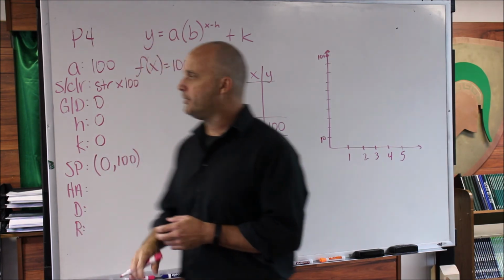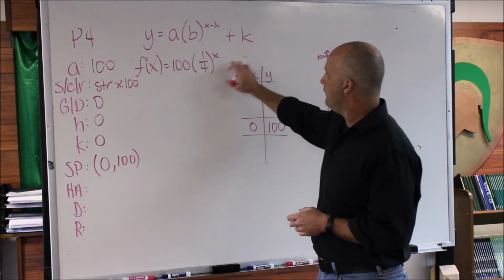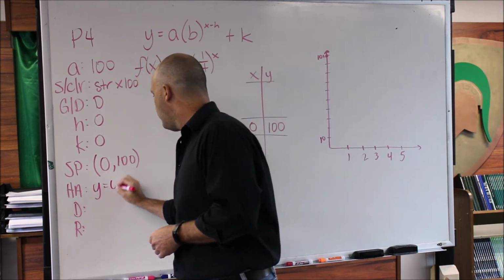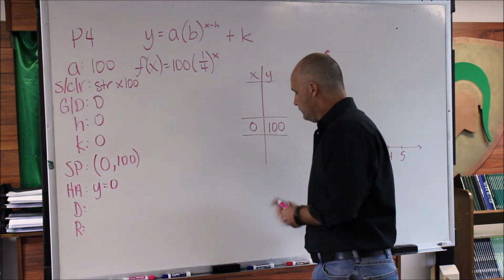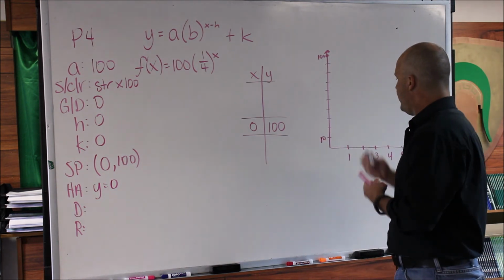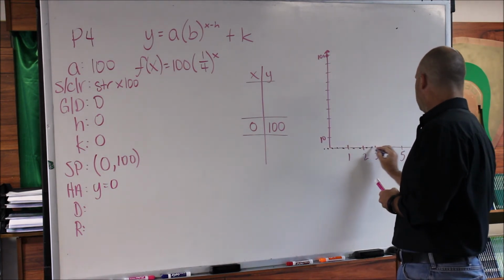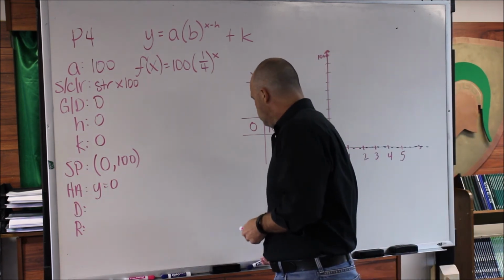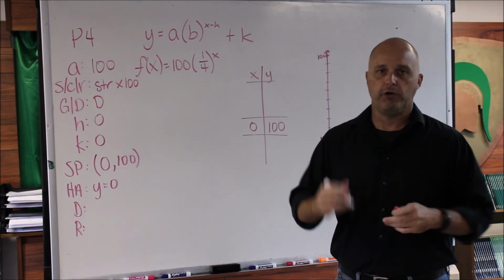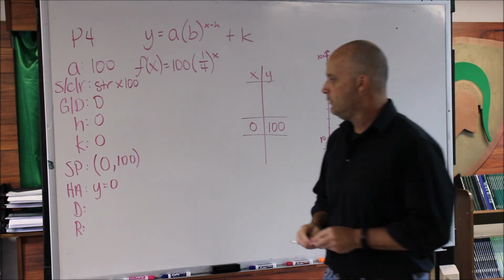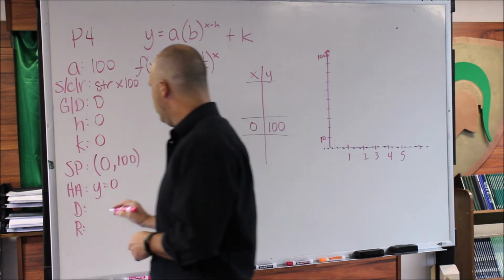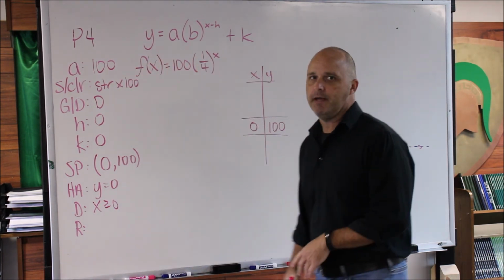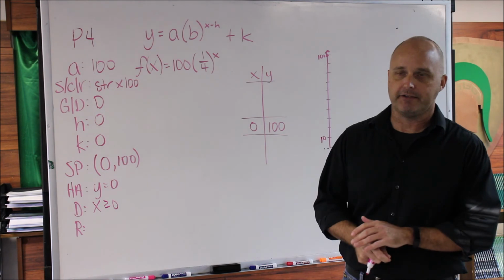The horizontal asymptote, again, we're going to look at our k value. The k value is 0, so that means that our horizontal asymptote is at y equals 0. So I'm going to go ahead and put that in on this graph here as well. The domain, we're going to artificially restrict the domain to x is greater than or equal to 0, because for the problem in the book, it doesn't really make any sense to have negative values for your x's.